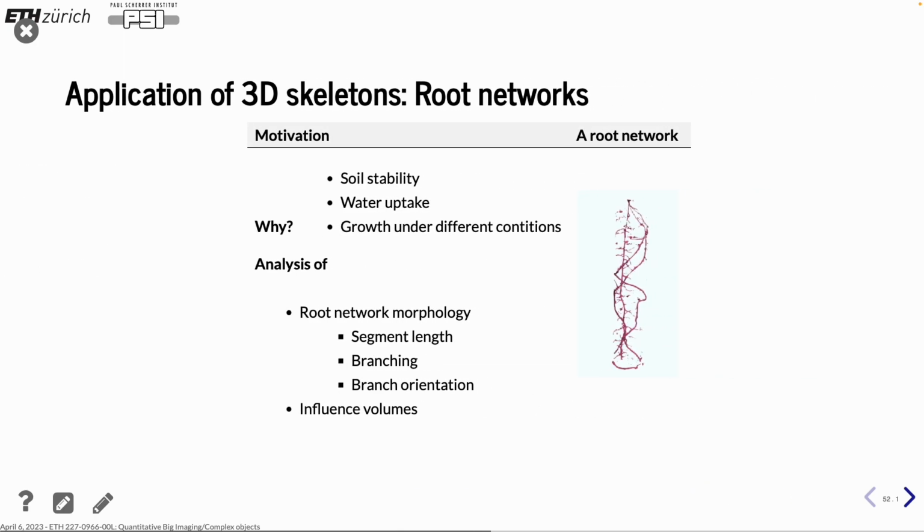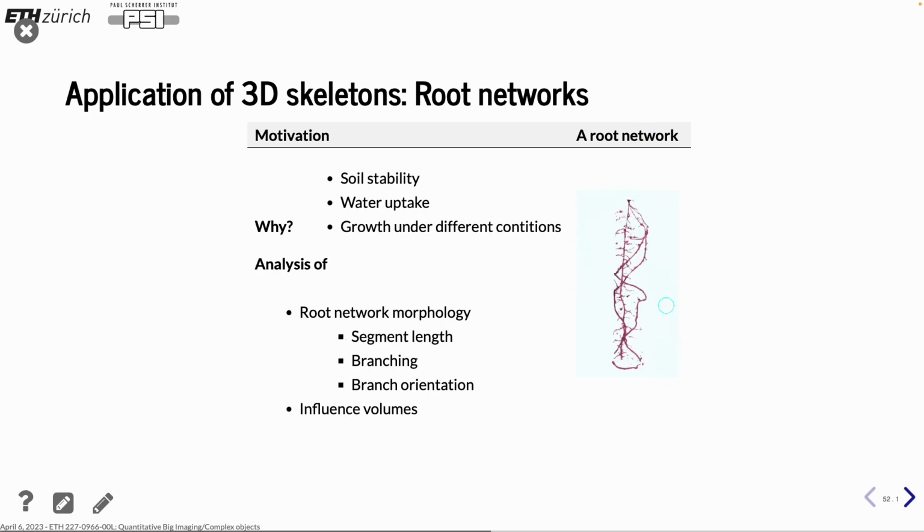Here is an example where we looked at the root network. It's a tomography of a root. We want to see how the root shape behaves under different growth conditions, and see how the water uptake works. What we needed to do was first to segment it.